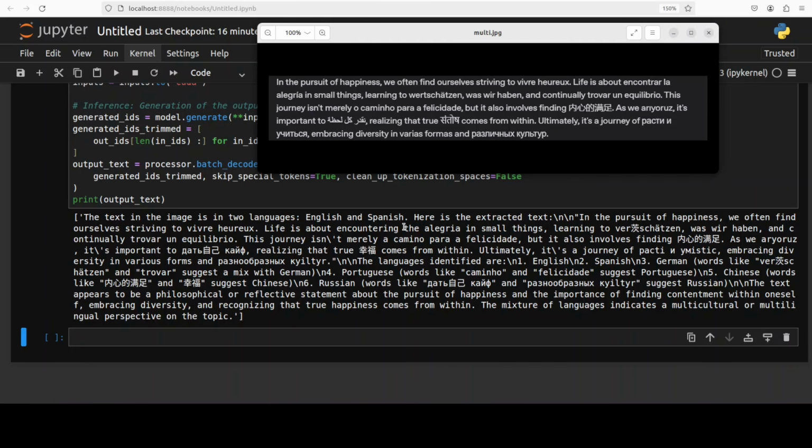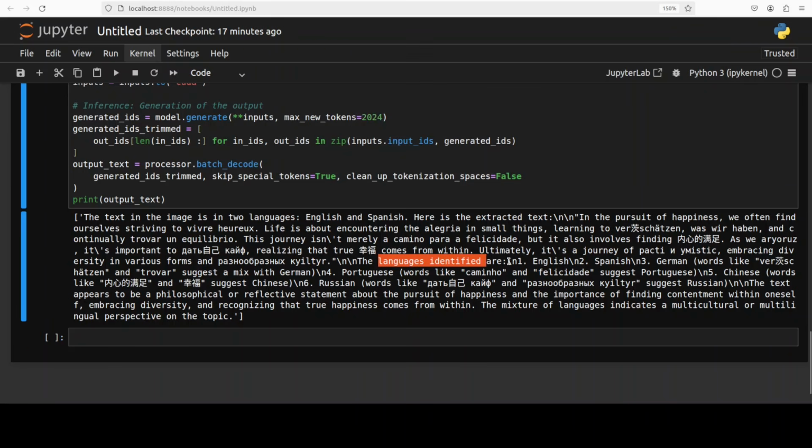So it didn't identify any other language, or maybe it did. Let's read further. Here is the extracted text, pursuit of happiness, this, and this. And then it is talking about languages identified: English, Spanish, German, that's good, Portuguese, Chinese, Russian. Didn't mention Arabic or Hindi.